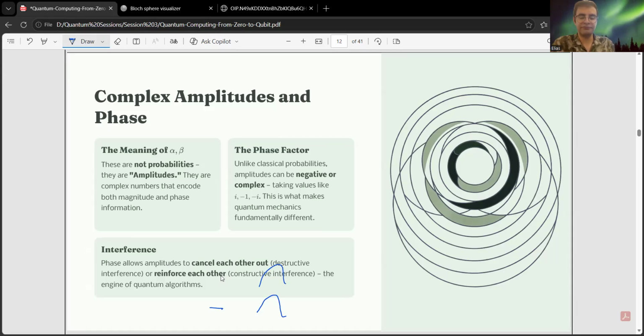Now, if they are in phase, they can add up together and make it bigger. But if one of the waves is like this and the other is like this, they destroy each other and the result will be just a flat line.